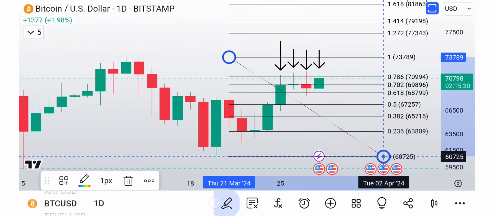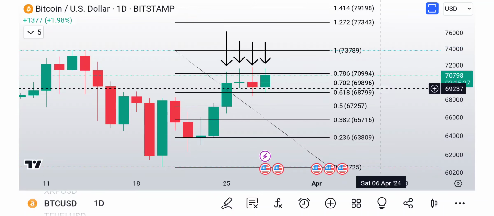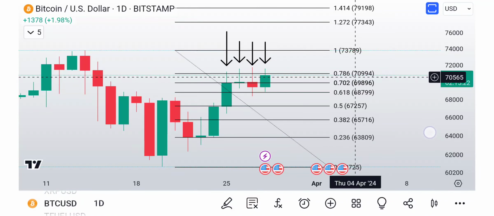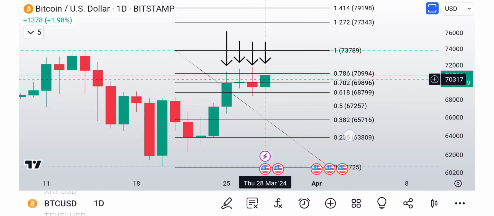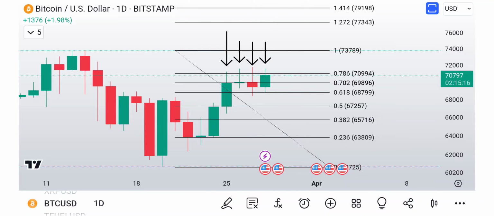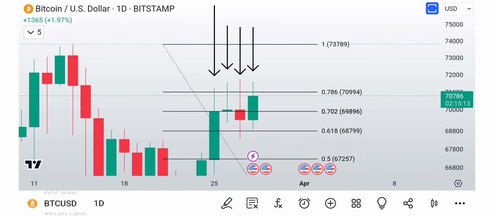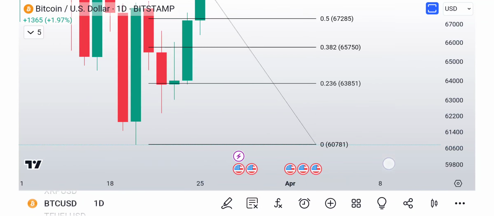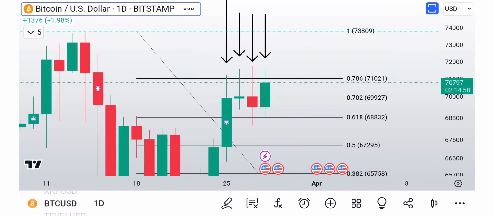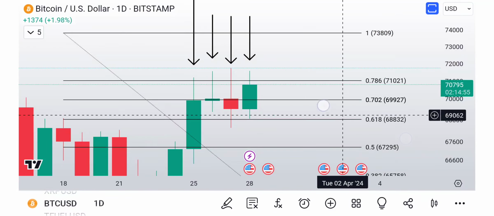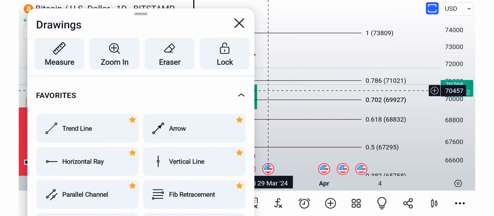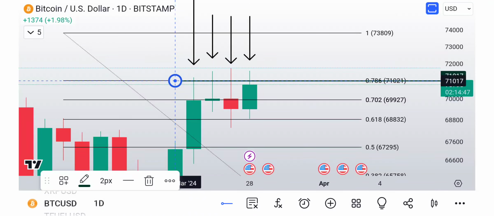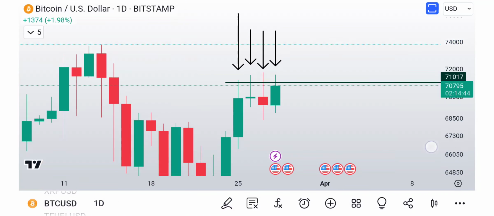Now, the cool thing about Bitcoin is it's very close to its last retracement level. So look at this. We're almost above that 786. If this candle can close above 71K, basically above this line right there, that would be nice to see.